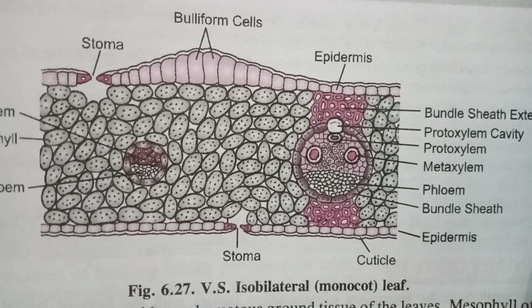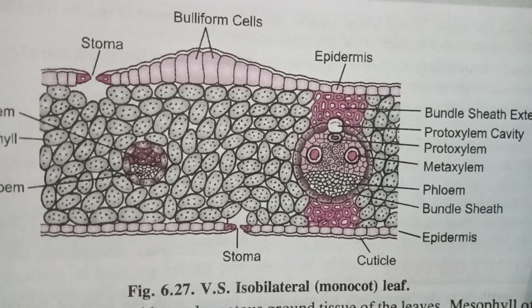So when you are studying or comparing the structures of dicot and monocot, whether it is root, leaf or stem, you have to see the differences in them. Then here we see the Kranz anatomy. That means the bundle sheath cells contain larger chloroplasts, by which they become distinct from the other parts, and so we call it the Kranz anatomy.